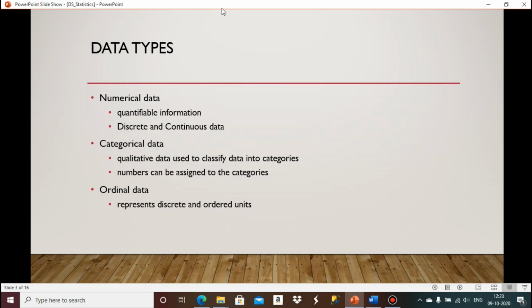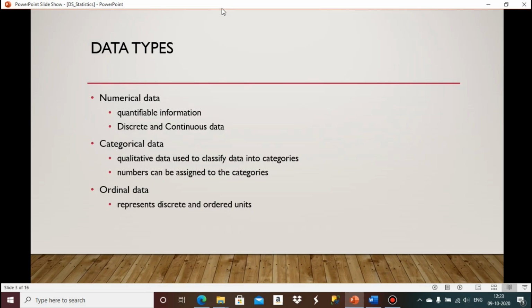But that really does not mean any order. If it is the gender of a person, the country of a person, nationality, or religion, they all are equal, so we cannot give any order. Sometimes we can give some numbers, but that does not signify any order. So they are called categorical data.